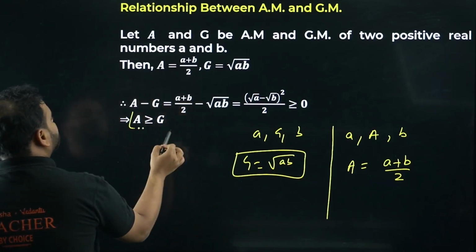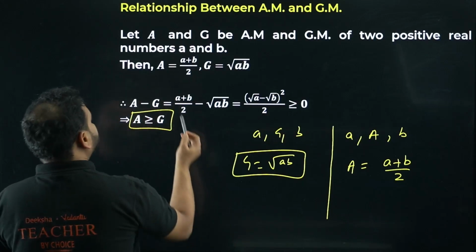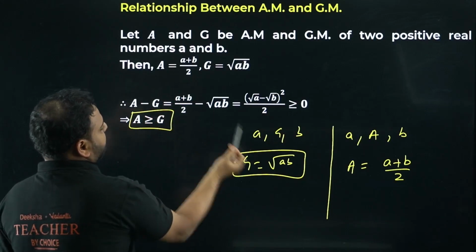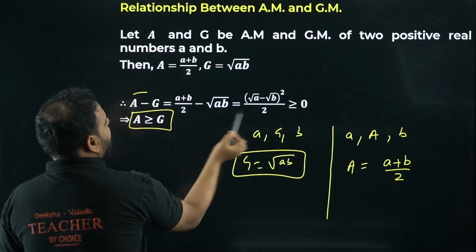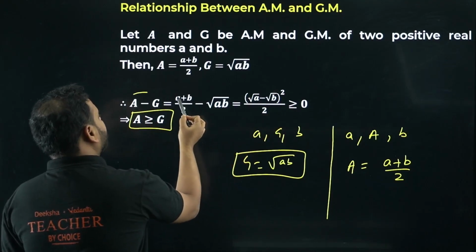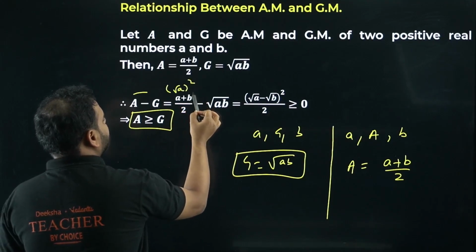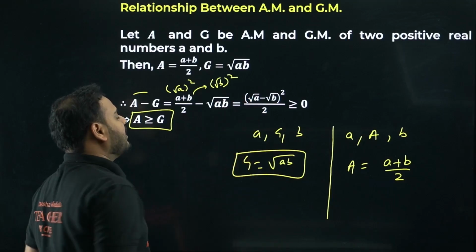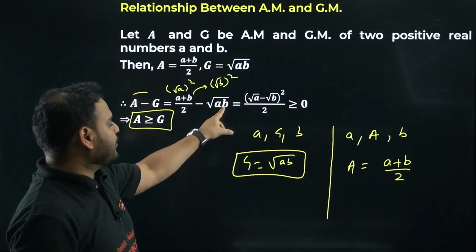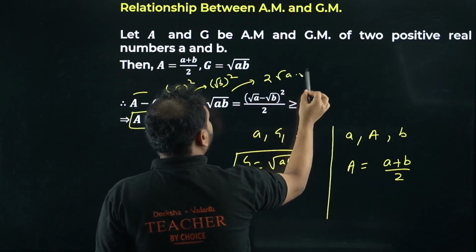A is greater than or equal to g. Please check. How come? A minus g, if you write this value, you get a whole square. It'll become root a squared plus root b squared minus 2 times root a root b, over 2.